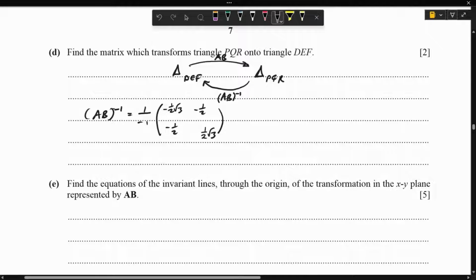Now they're being multiplied by the minus 1 outside, so the matrix will be half root 3, a half, and minus half root 3. So this is the matrix which will do the reverse, which will transform triangle PQR onto triangle DEF.